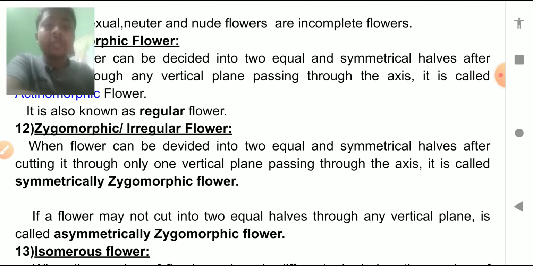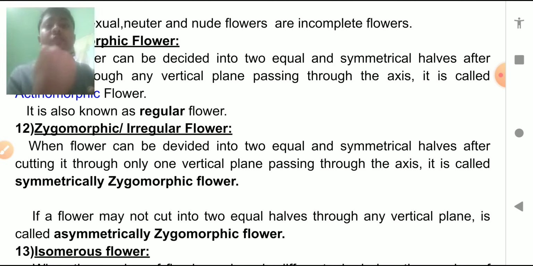Basically, a zygomorphic flower can be divided into two equal halves only in a particular way. Zygomorphic can be of two types: symmetrical and asymmetrical. What is symmetrical zygomorphic? When a flower can be divided into two equal and symmetrical halves after cutting it through only one vertical plane.